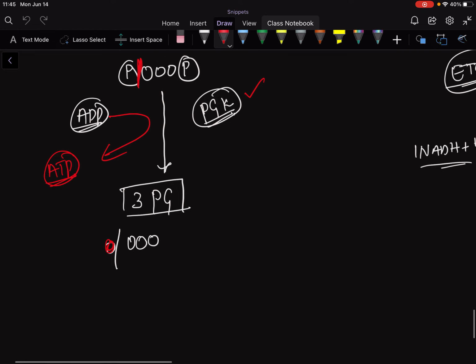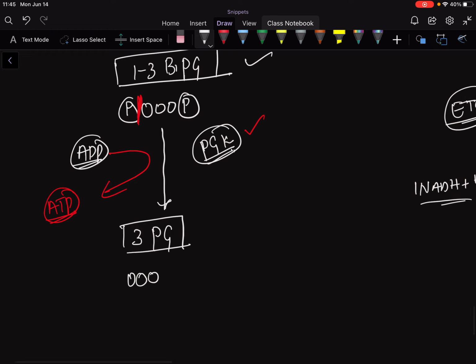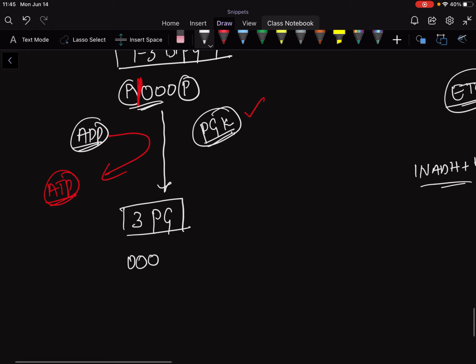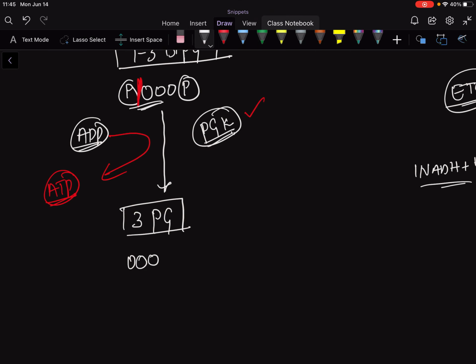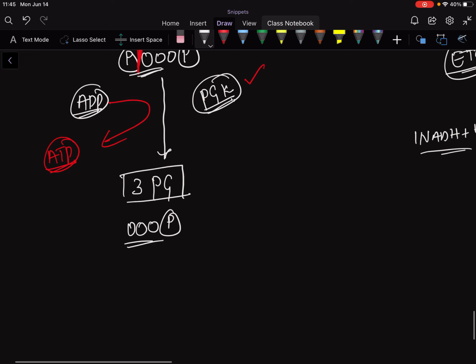Okay, so the newly formed compound, since one phosphate is getting removed from the first part of the BPG, is a 3-carbon compound with the phosphate attached at the third position, so it is called 3-phosphoglycerate, right?